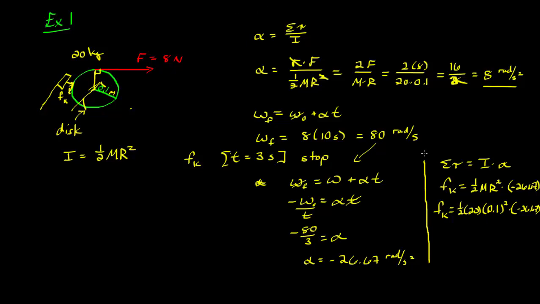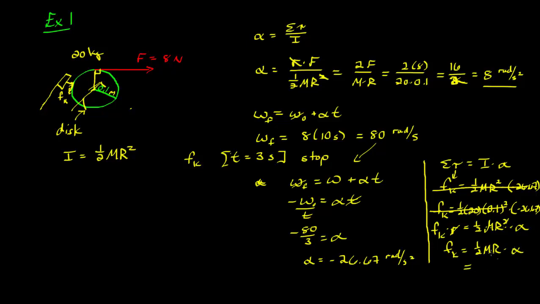I messed up going here. I did the net force. This should actually read your kinetic friction times R. That's torque. And then it's all the same, 1/2 mr squared times the angular acceleration. So we can see this R is going to cancel one of these. So your kinetic friction is going to be 1/2 mr times the acceleration.